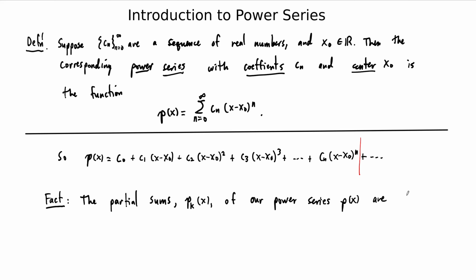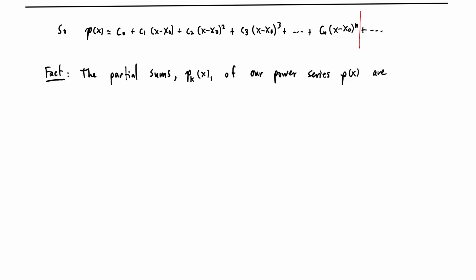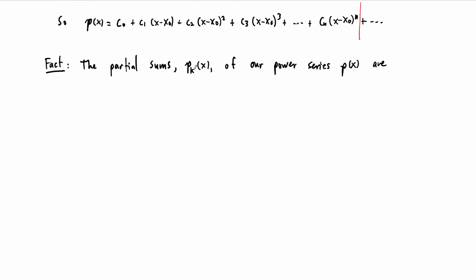These are polynomials whose degree is up to k. It's possible that some of these coefficients could be zeros, right? But these are polynomials of degree up to, or at most, k.